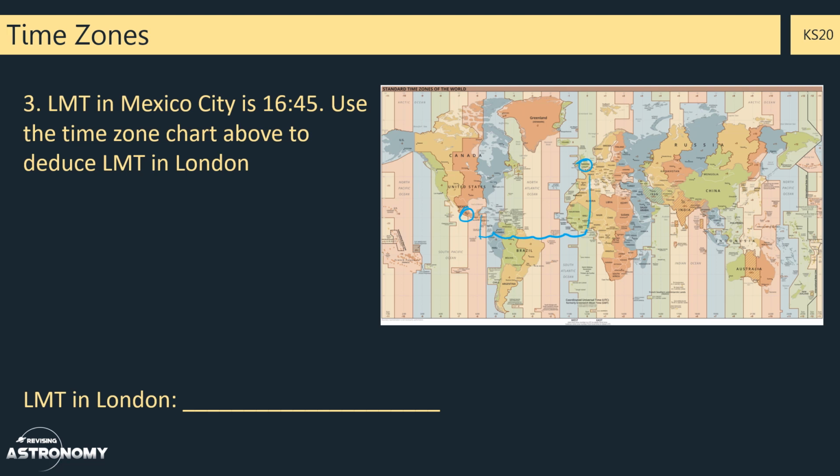So therefore we know that if it's 4:45 or 16:45 in the evening in Mexico, we need to add on 6 hours, which will mean that it will be 22:45 local mean time in London, or 45 minutes past 10 in the evening.